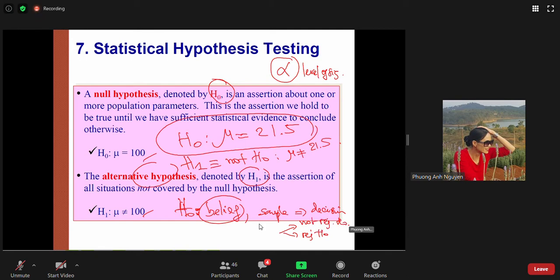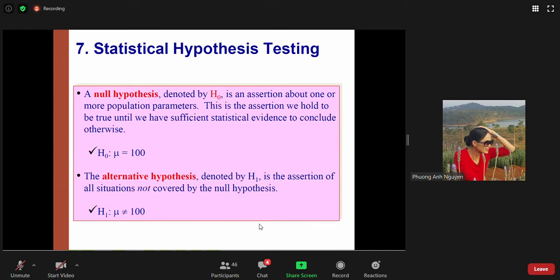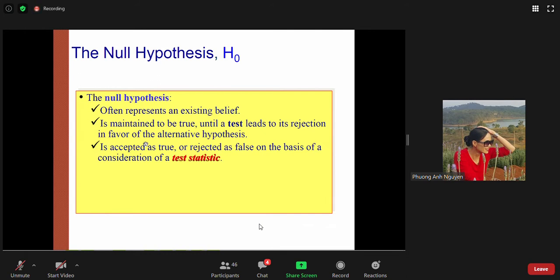The alternative hypothesis, H1, is the negation of H0. If you disagree with me, you collect evidence. For example, you calculate the test statistic, and finally you come up with a decision to reject H0 or not.